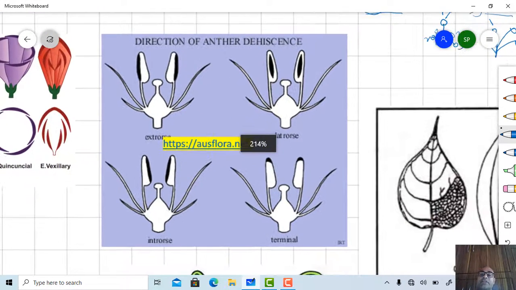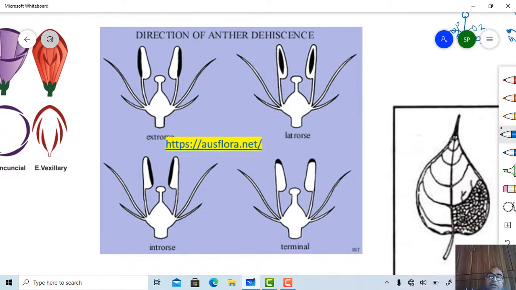Okay, the direction of dehiscence of the anther. In case of family Apocynaceae, introrse type of dehiscence is present. Just see these are the anthers. Okay, and if the dehiscence occurs on the outer or peripheral side, that is called extrorse.